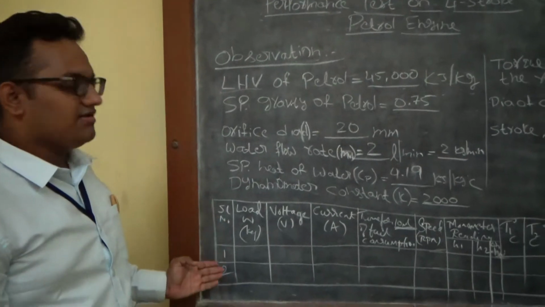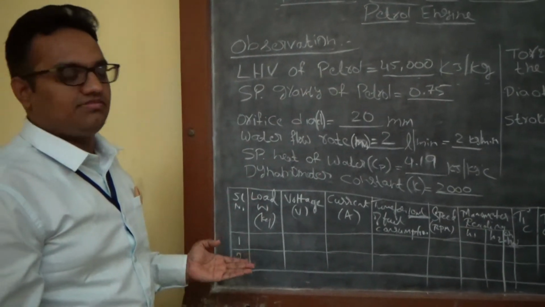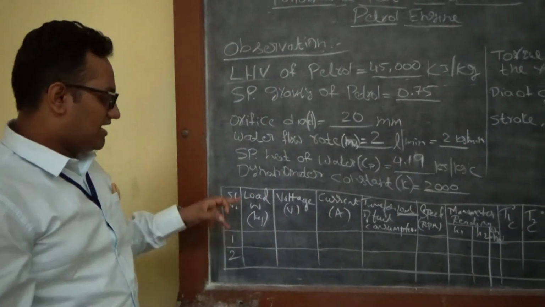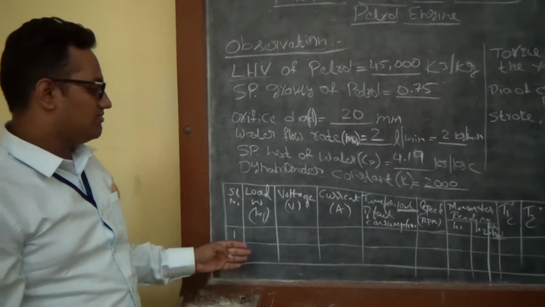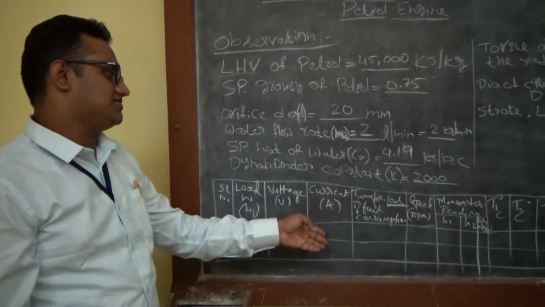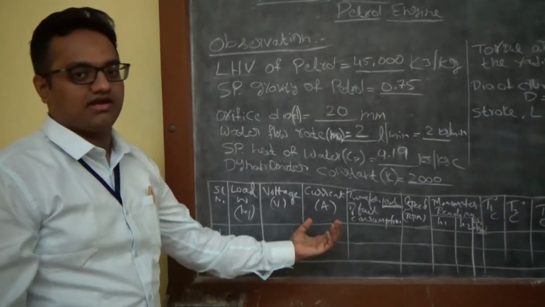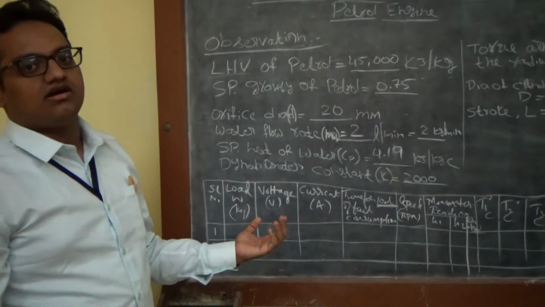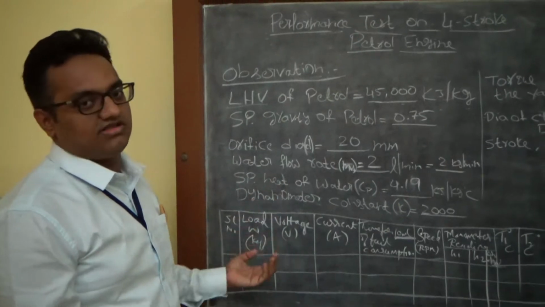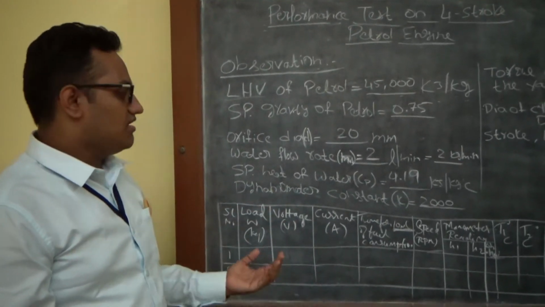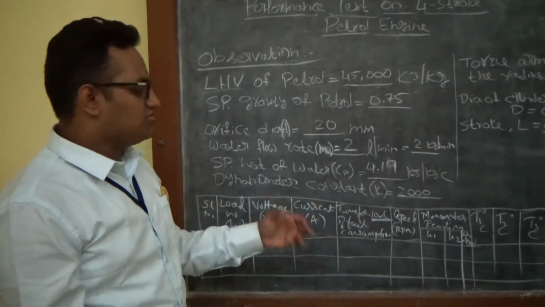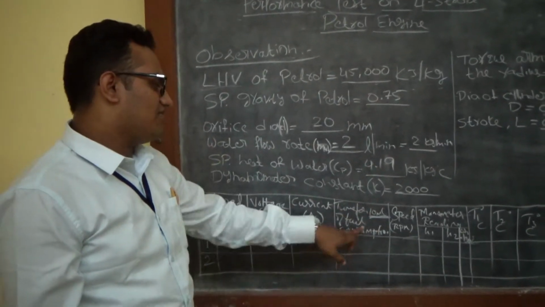This is a typical tabular column used for performance study, which has loading. We have voltage and ampere, that is, the current reading, that has to be taken. We are using an electric dynamometer in this case to load the petrol engine. We also have the time taken to consume 10 milliliters of fuel.